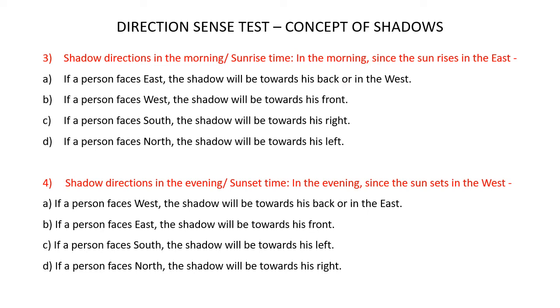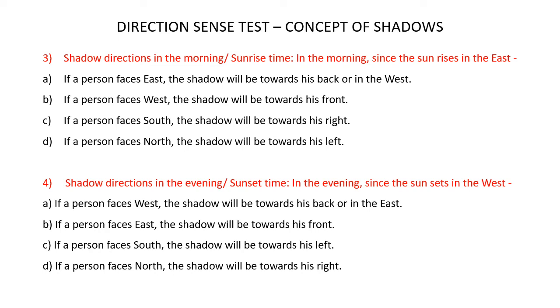If a person faces west, the shadow will be towards his front. If a person faces south, the shadow will be towards his right. If a person faces north, the shadow will be towards his left.